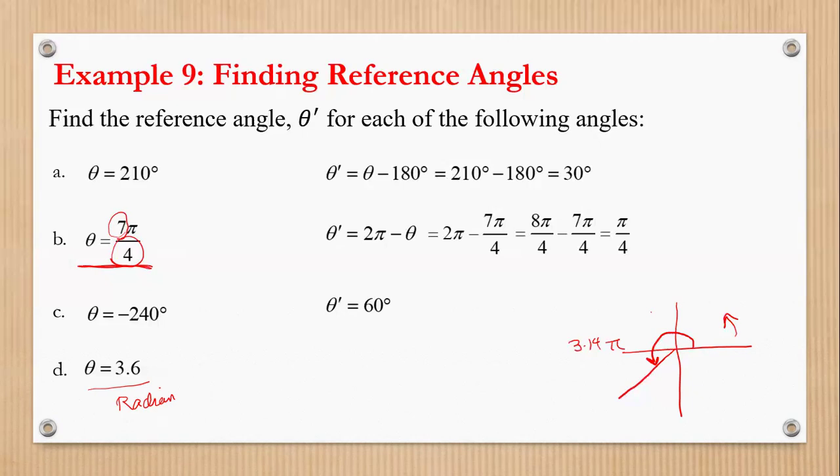The reference angle is the angle between the x-axis and the terminal side. Now the question is, how much is the reference angle? I know that this point is 3.14, this point is 3.6, and if I subtract 3.14 from 3.6, I get 0.46. So the reference angle is 0.46 radians.